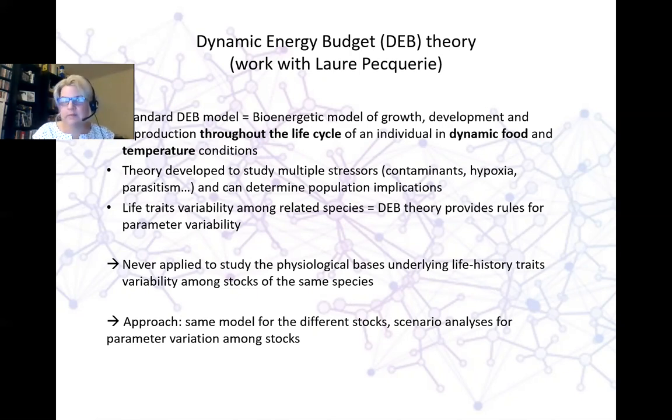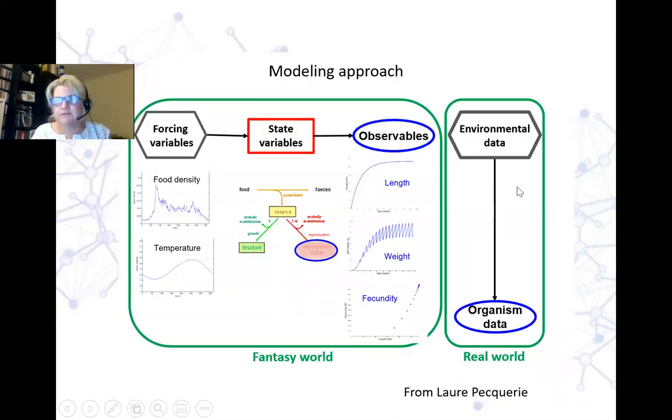So we took the lake trout. This is again from Laure. I got this from one of her talks a long time ago. But basically looking at environmental data. This is what we're dealing with, right? We have our environmental data and the organismal data. These are things that we can measure: the length, weight, and fecundity.